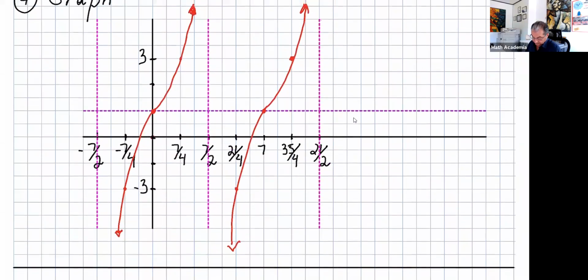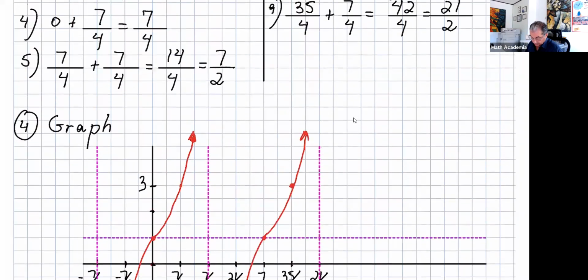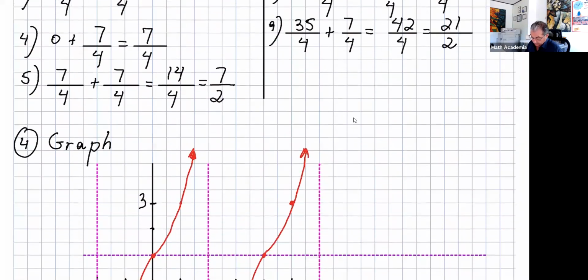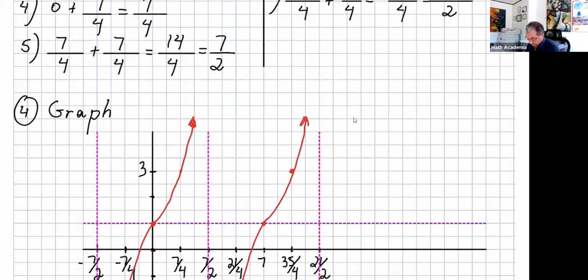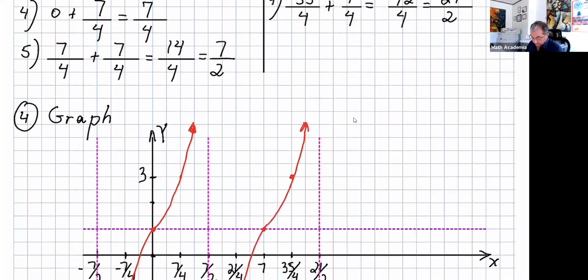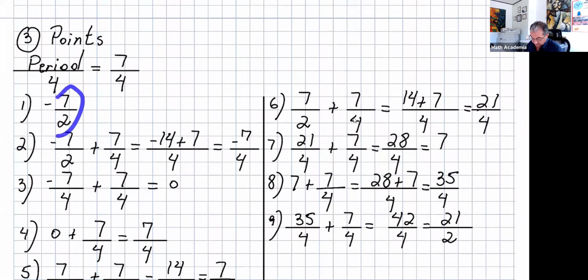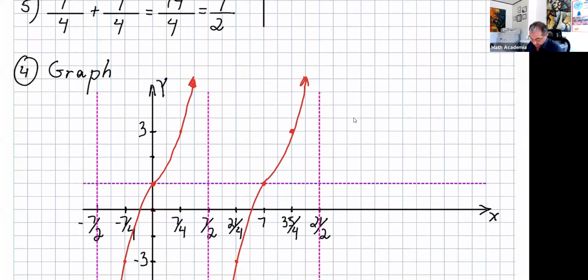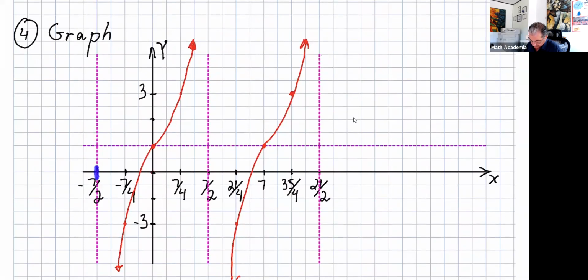Let's graph it. Starting point is, we can put our axes here. So this is the x-axis and that's the y-axis. Starting point is negative 7 over 2. Be careful. 7 over 2 is right here. Then we go 7 over 4 each time, which means half of that.